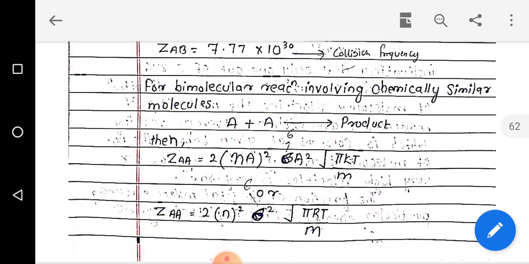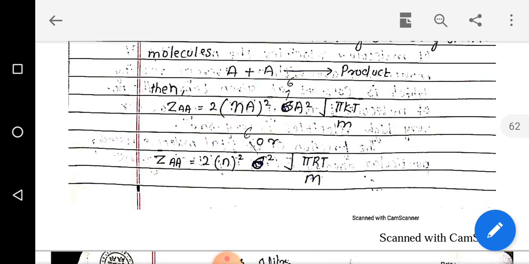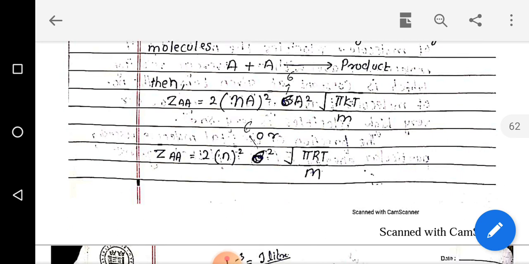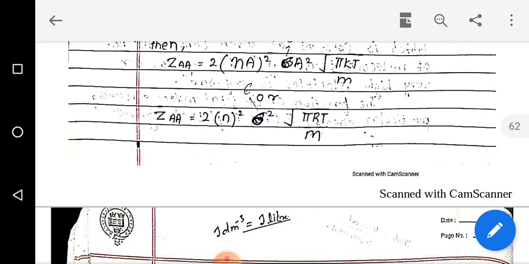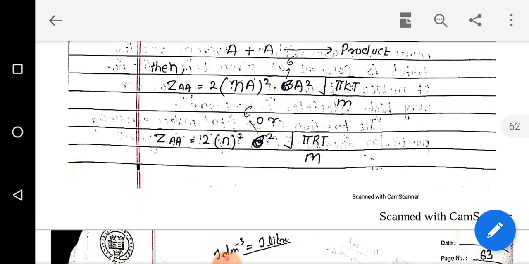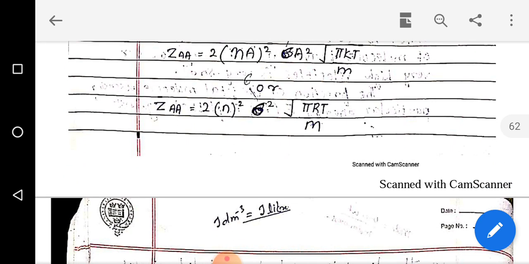So for the bimolecular reactions involving chemically similar molecules, where A plus A gives the products, then ZAA is equal to 2 Na square sigma A square under root pi kT divided by m, or ZAA is equal to N square sigma square under root pi RT divided by m.